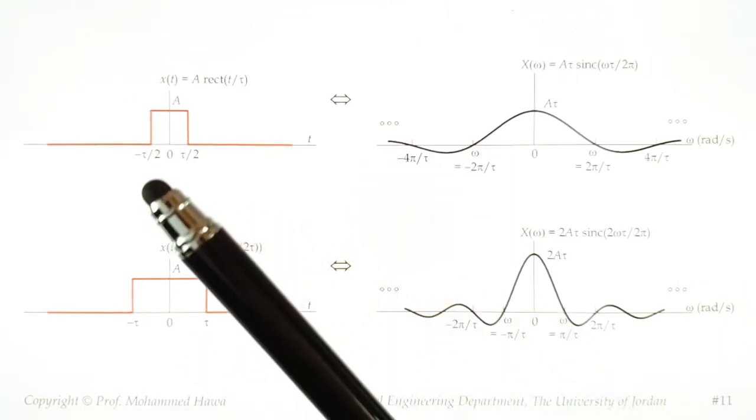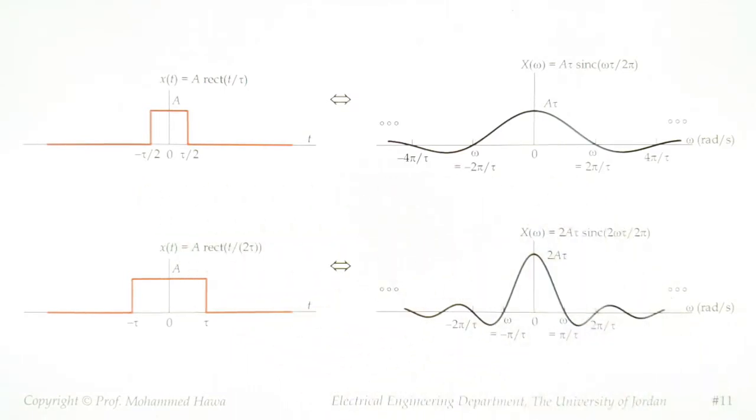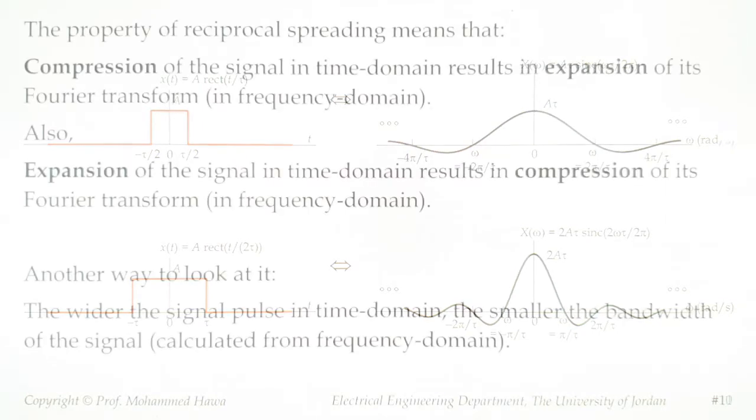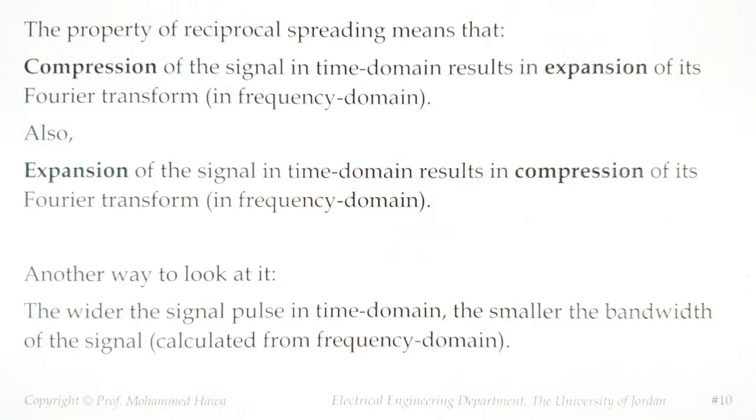If you compress your signal in time domain, on the other hand, you're gonna get frequency expansion. This is a very interesting understanding of the reciprocal spreading or time scaling property. Please remember this property. Another valid way to look at this reciprocal spreading is that the wider the signal pulse in time domain, the smaller the bandwidth of the signal, which of course we evaluated from the frequency domain.